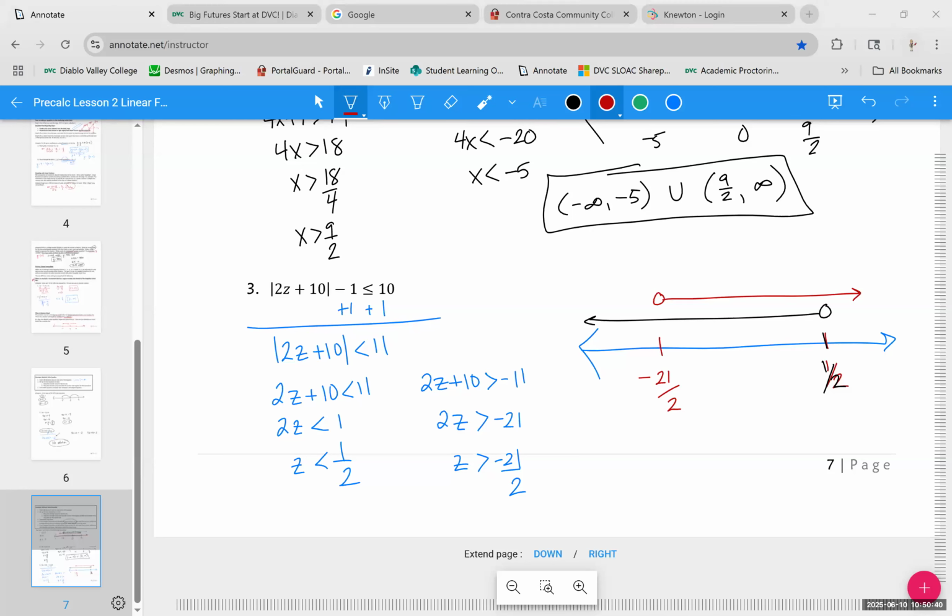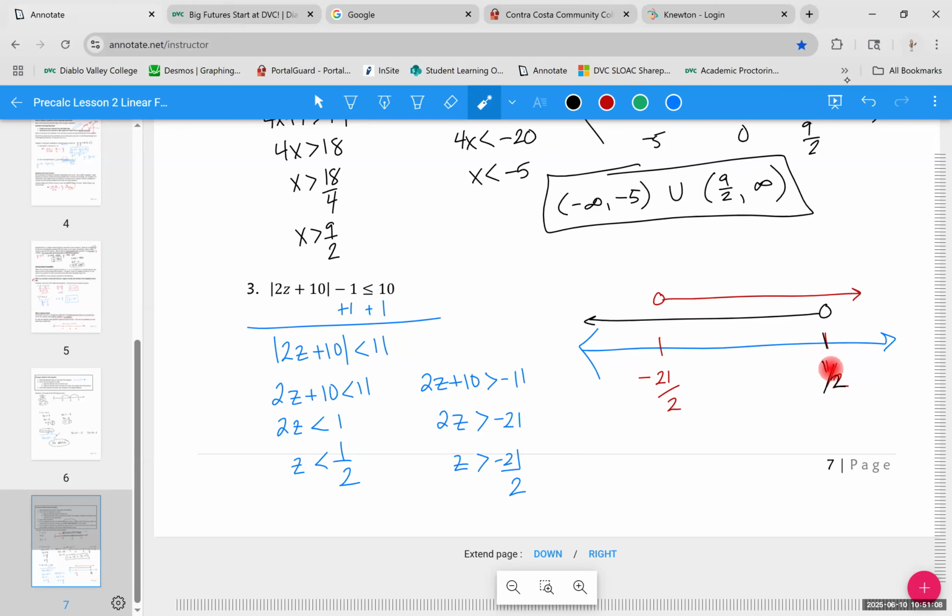Okay, let's take a look at what I've done here. Did you remember the first step? You got to get the absolute value by itself first. So I've got to add the 1 over, and now I have the absolute value is less than a number. So the less than cues me in that I'm going to be looking for the overlap when I'm done. So I broke it into the two inequalities, solved the first one. Z is less than 1/2, and I graph that over here.